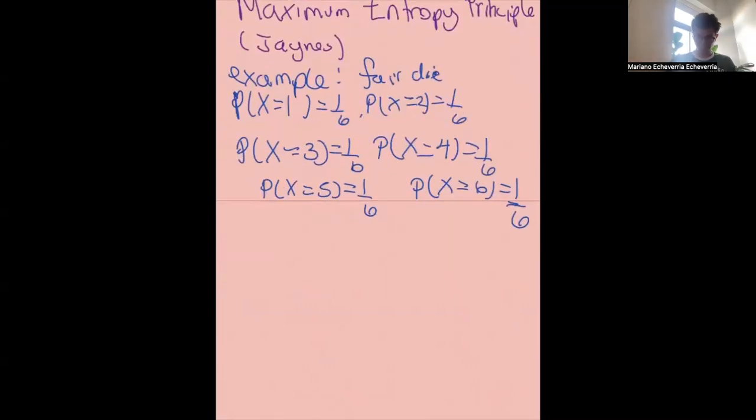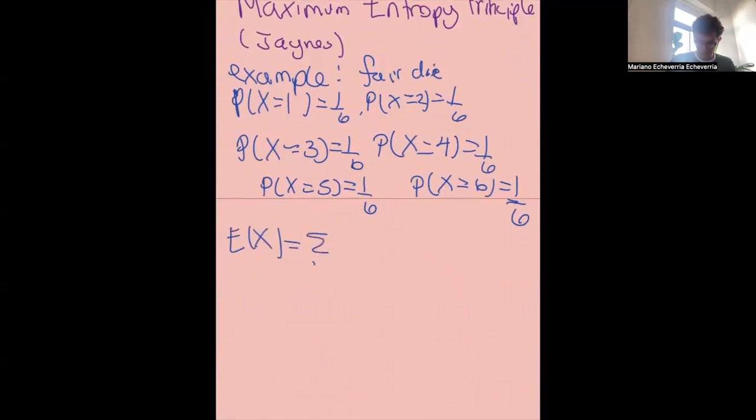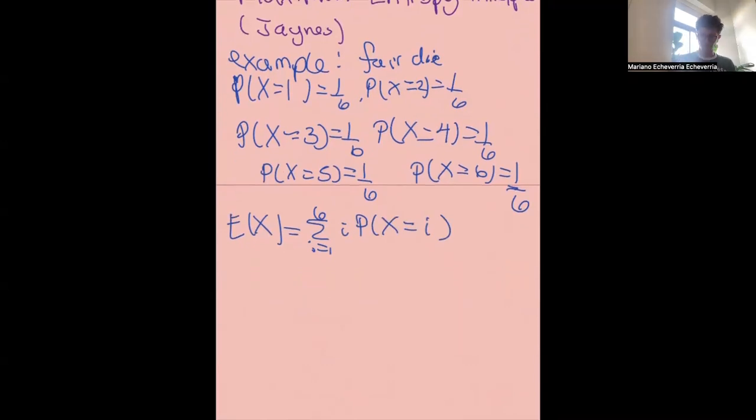And so what's the expected value, or the average, of X? It would be the sum from i equals 1 to 6 of i times the probability that X equals i. What is that? Each probability is 1/6, so it's just 1/6 times the sum from i equals 1 to 6 of i.